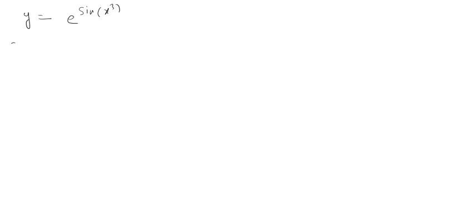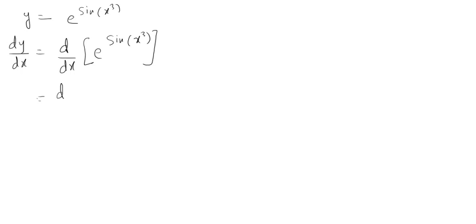So what I have to find, I have to find dy by dx, which is d by dx of e to the power sine of x cube. Now e to the power something, let us divide by this something. So d by d of sine of x cube into e to the power sine of x cube.